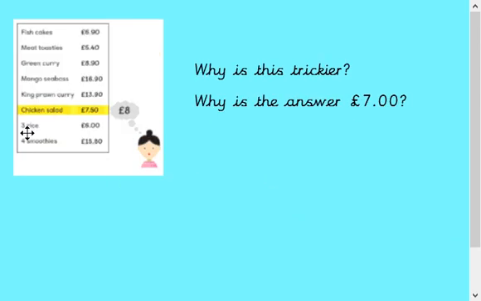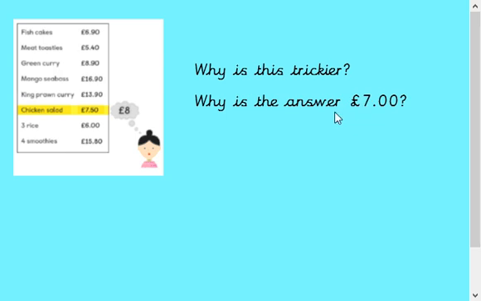Looking at this one, why is this trickier? So we've got chicken salad at £7.50. I've put up here, why is the answer £7? Actually, Mr. Nugent has made a mistake. That should be £8.